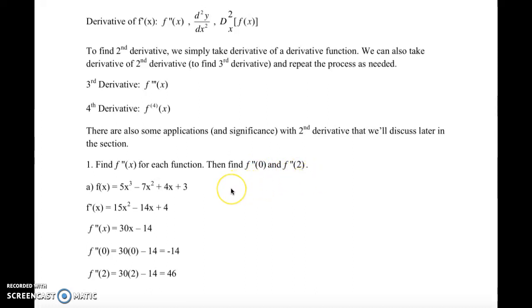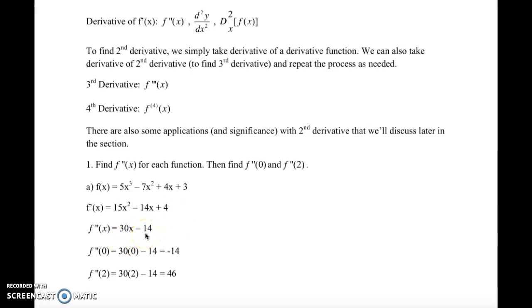Right, so here we have a nice polynomial function, 5x cubed minus 7x squared plus 4x plus 3. We're going to take the first derivative, so we're just going to do that really quickly. 15x squared minus 14x plus 4. And then we're going to take this first derivative, and we're going to take the derivative again. And so we end up with 30x minus 14.